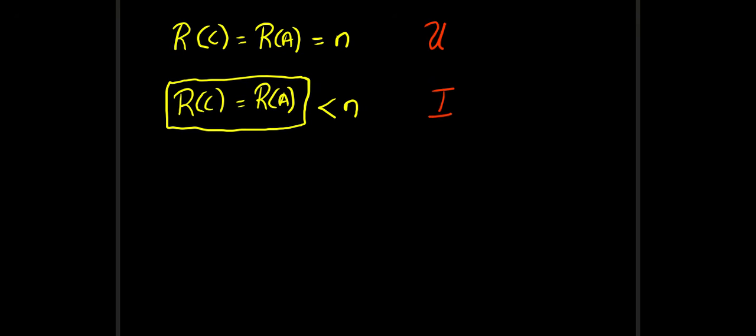And the third condition, if rank of C is not equal to rank of A, then we have inconsistent system. That means no solution. So I want you to note this point.